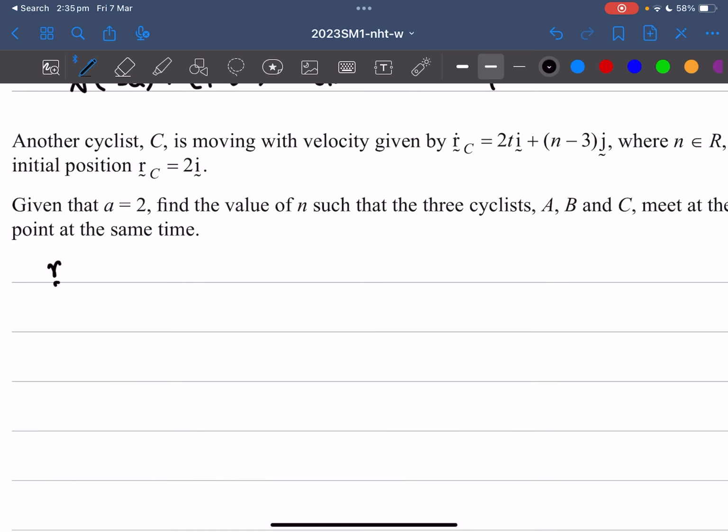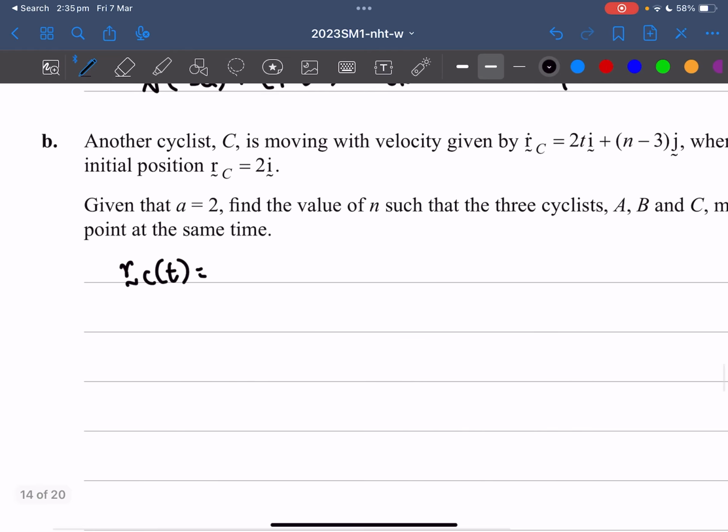So RC is equals to RC of t. We have to integrate this. So we'll have t squared i plus (n minus 3t) j plus another arbitrary vector c, right?